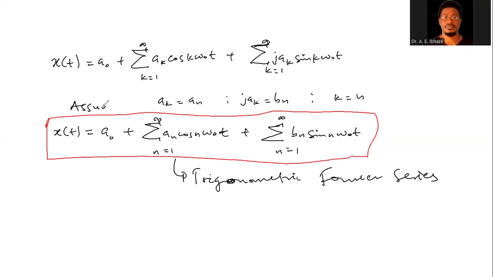Assume that a sub k is the same as a sub n, such that j a sub k be the same as b sub n, then k is the same as n. These are coefficients, so we are literally writing the same thing. Should I invoke b sub n, I'm literally invoking j a sub k, which is the imaginary component, right?